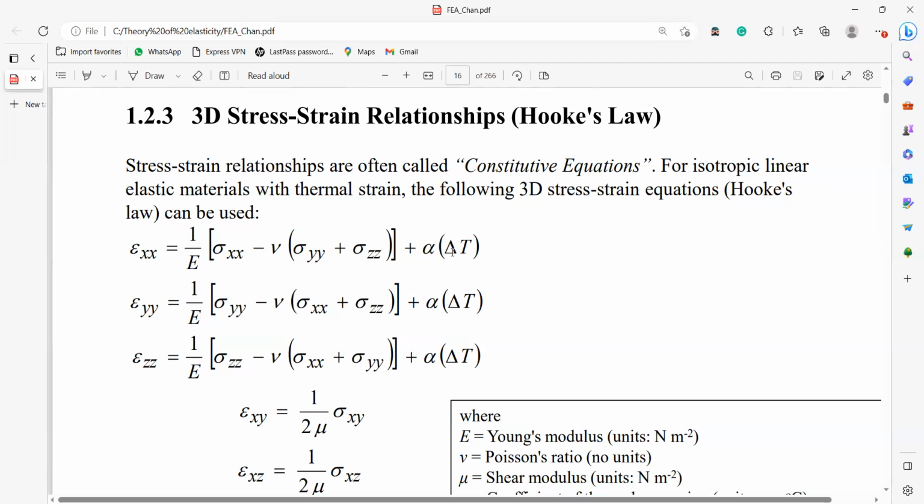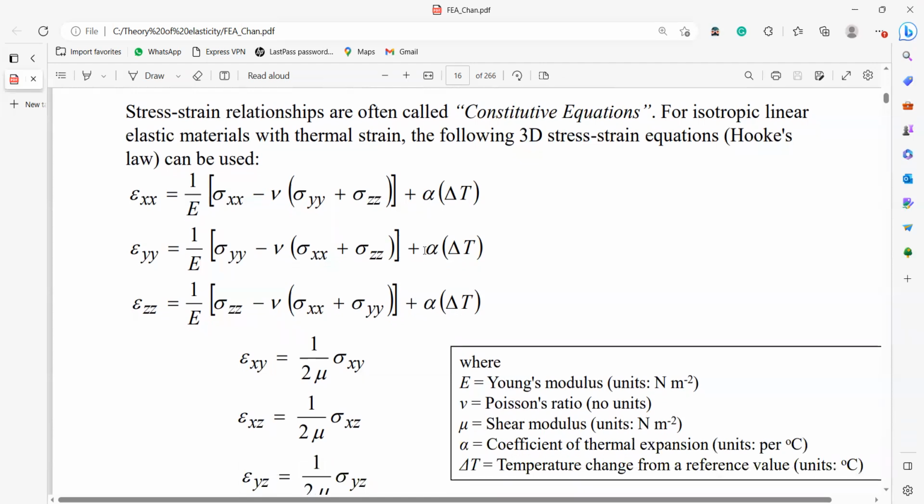And a little addition to this would be thermal strain, which is alpha into delta T. Delta T is the change in temperature, and alpha is the thermal property, that is the coefficient of thermal expansion.